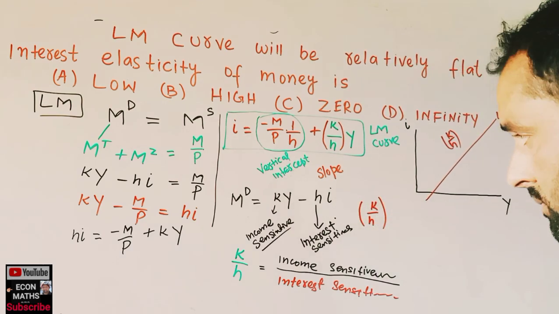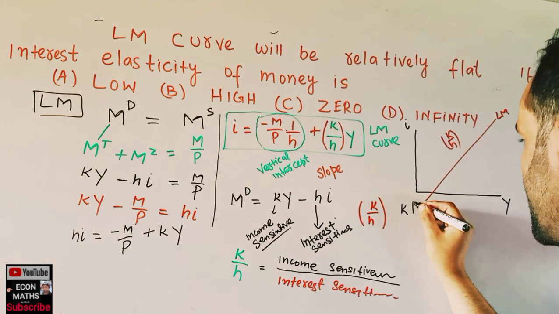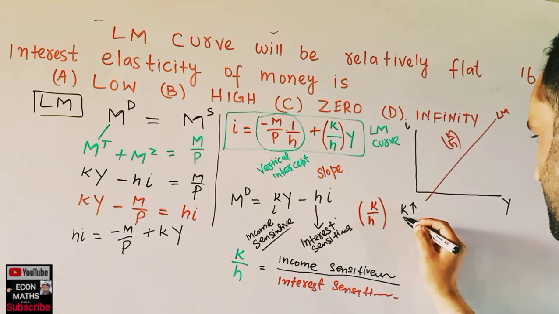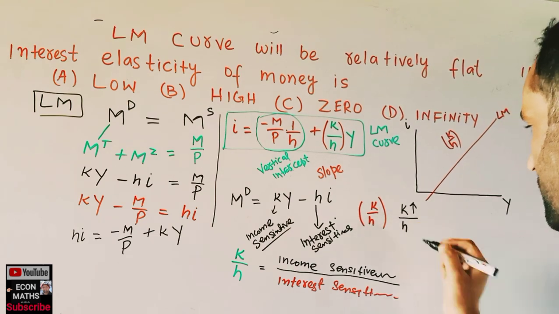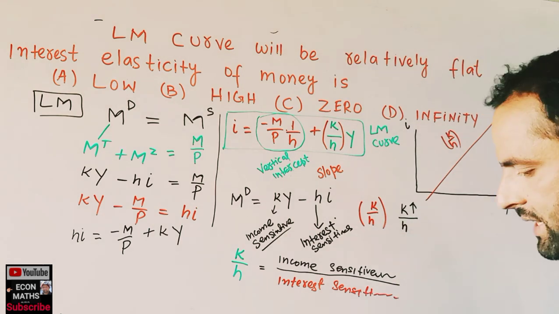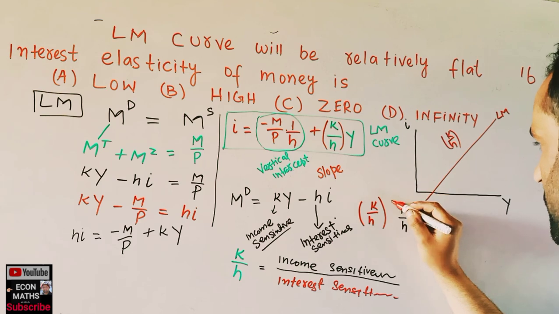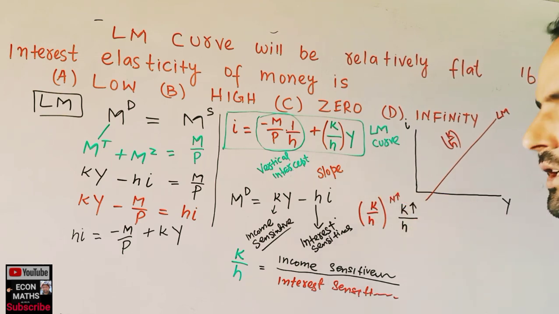If k is relatively bigger than h, that means here the numerator is high and the denominator is low.